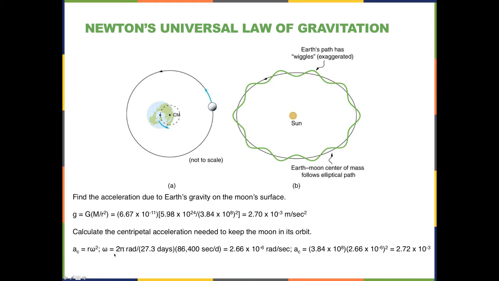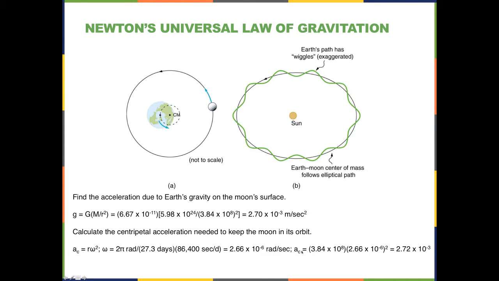Omega is 2 pi radians for a complete circumference, and it takes 27.3 days for the moon to go around the Earth, and there are 86,400 seconds in a day. So if you do this calculation, it's 2.66 times 10 to the minus 6 radians per second. That's the angular velocity of the moon around the Earth.